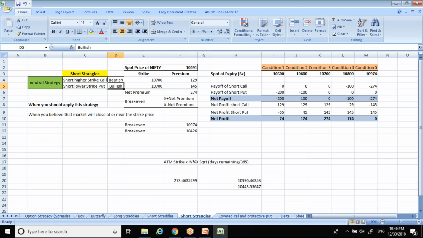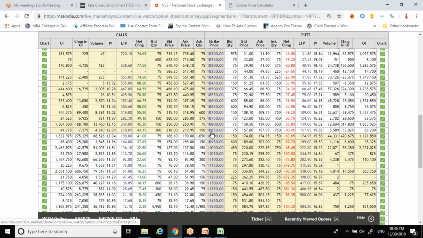So when we sell the lower strike price put, this becomes bullish, and when we sell the higher strike price call, this becomes bearish. So let's suppose currently the price is around 10,850. I believe that the market will not go above 11,200.